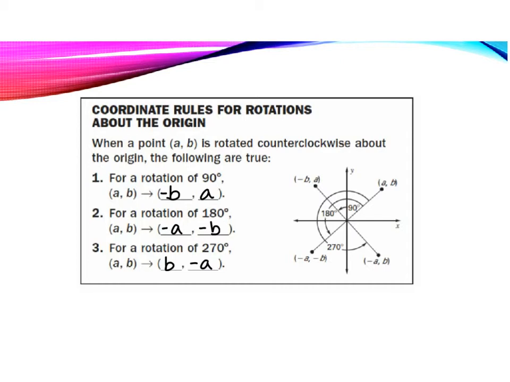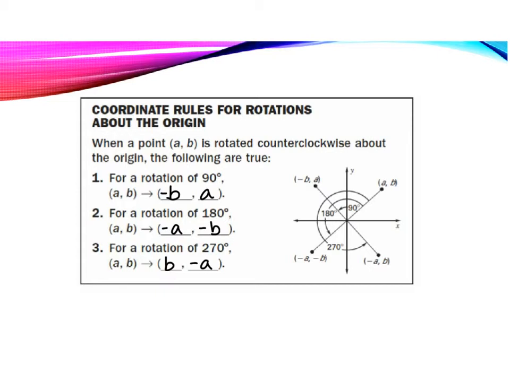So here is our point (A, B). If we rotate this 90 degrees, which is a full 90 degrees because that creates a right angle, we come to the point (negative B, A).